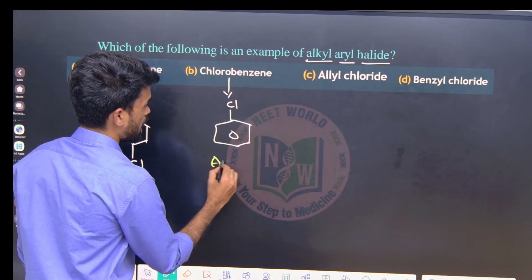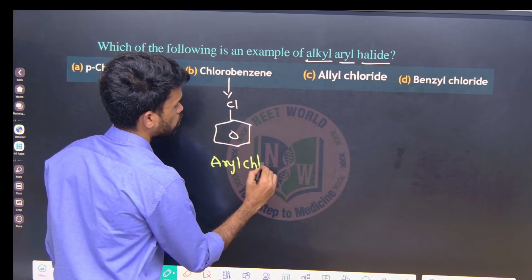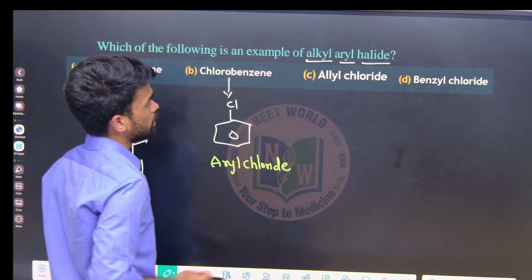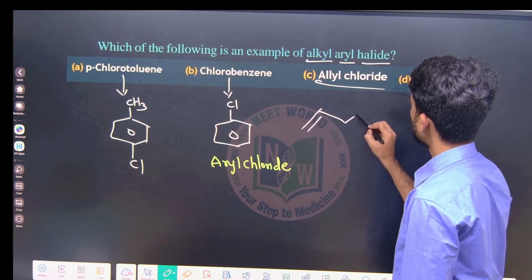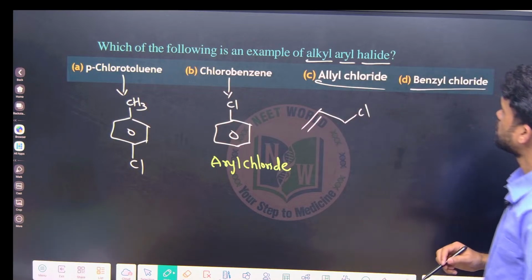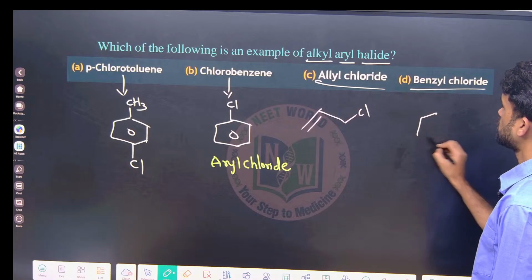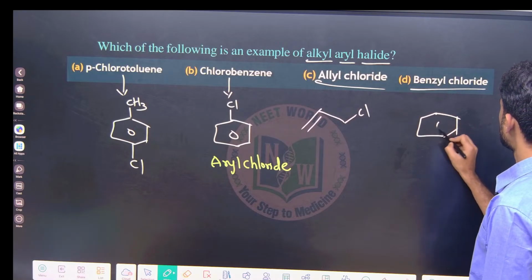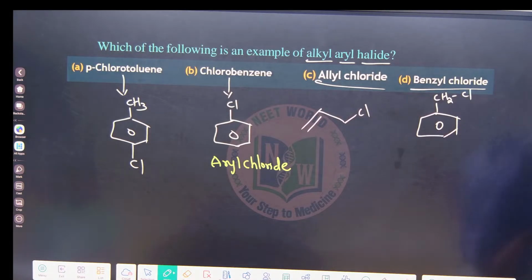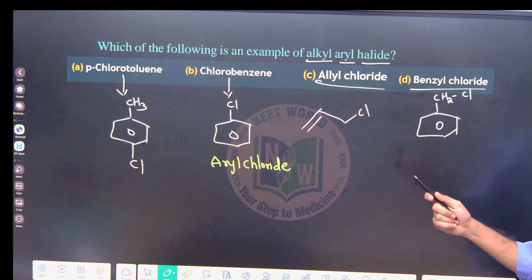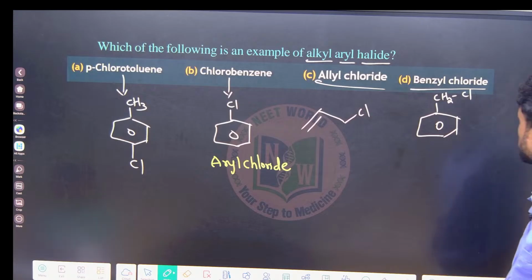So this is nothing but aryl chloride. Now here you can see allyl chloride, it should simply be like this. Benzyl chloride means CH2Cl. Which of the following is an example of alkyl aryl chloride? Alkyl group should be there, aryl group should be there. Which one? First one. Okay, that's it.